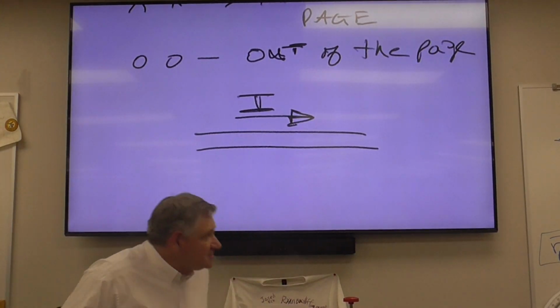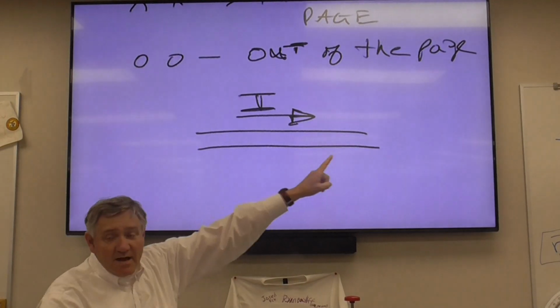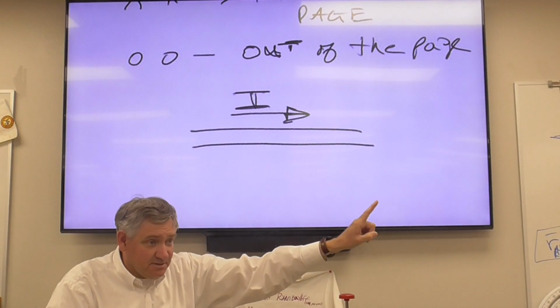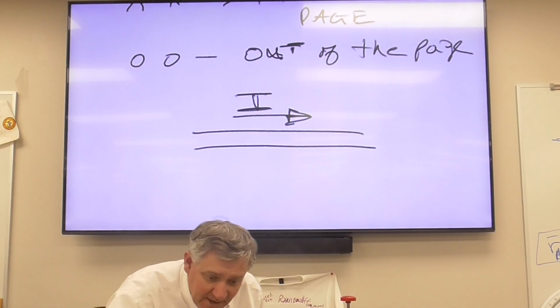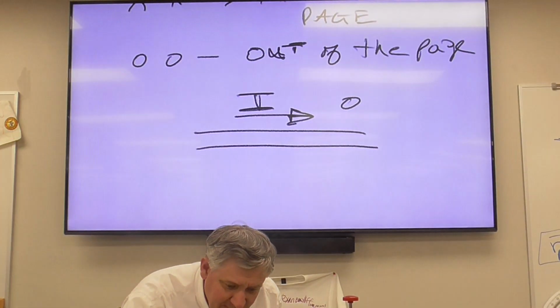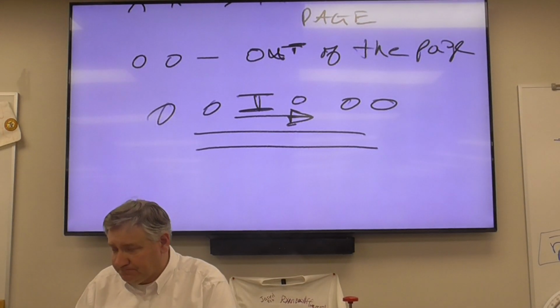Okay, so if the current's going this way, what are you going to have on top? X's or O's? O's. Why? It's coming out of the page. So on the top, you're going to put O's, right?